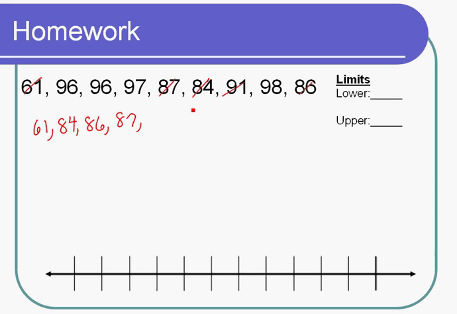And the next step is to find the median. After I've found the median, I'm going to find my lower quartile. I have to average these two. And my upper quartile, average these two.